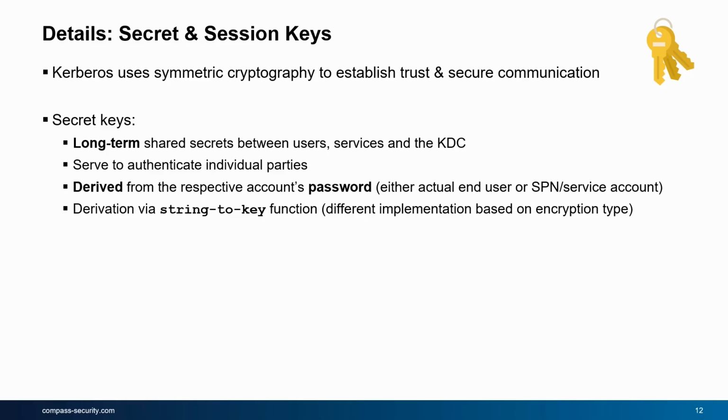That could be AES-128, 256, or RC4, for example. And within each of these encryption algorithms, there is a so-called string-to-key function defined, which defines how this secret key material can be derived from the user's password.